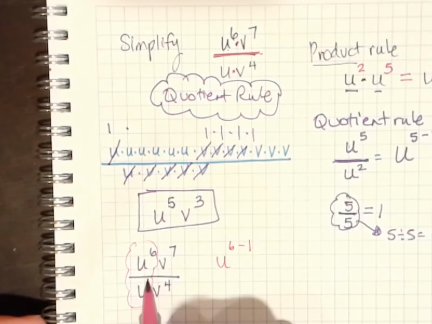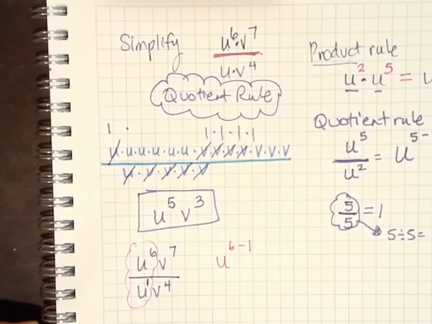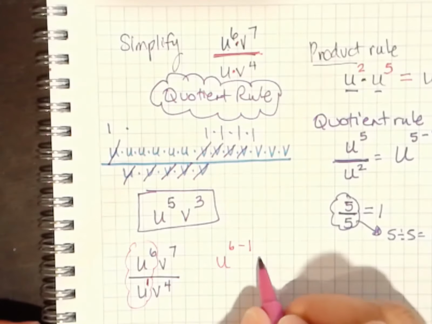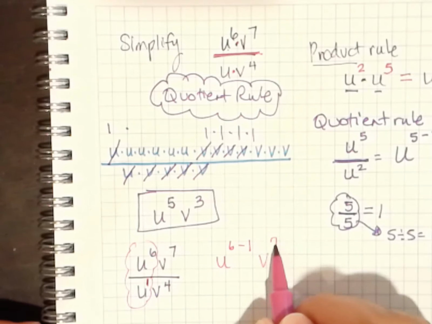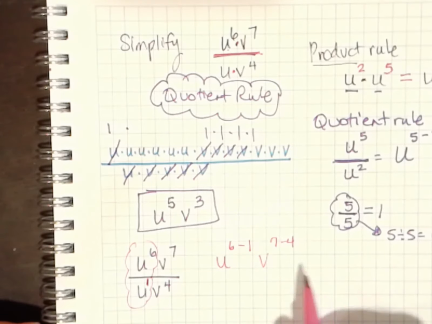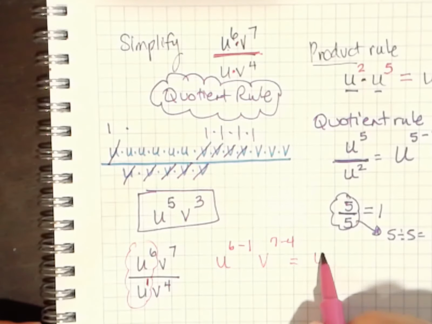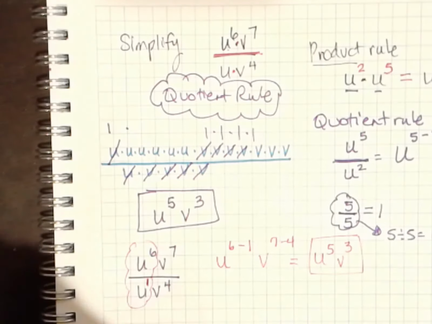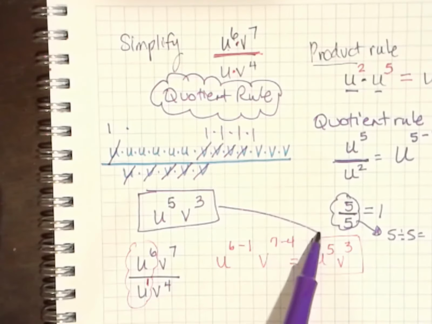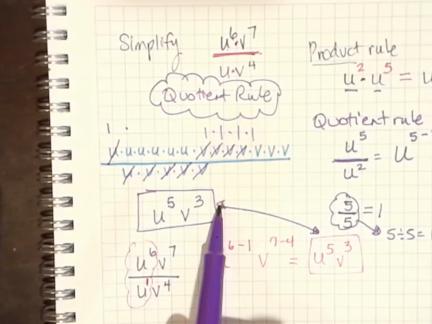Remember, there's an understood 1 right there if there's not a power. And then I have a v, because the bases are the same, so I take the top exponent minus the bottom exponent, 7 minus 4. And so that gives me u to the 5th, v to the 3rd, which is the same answer that I got earlier, but in a different way.